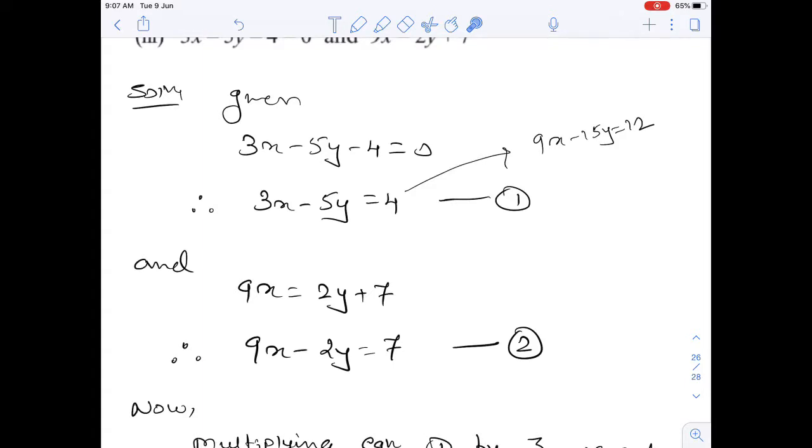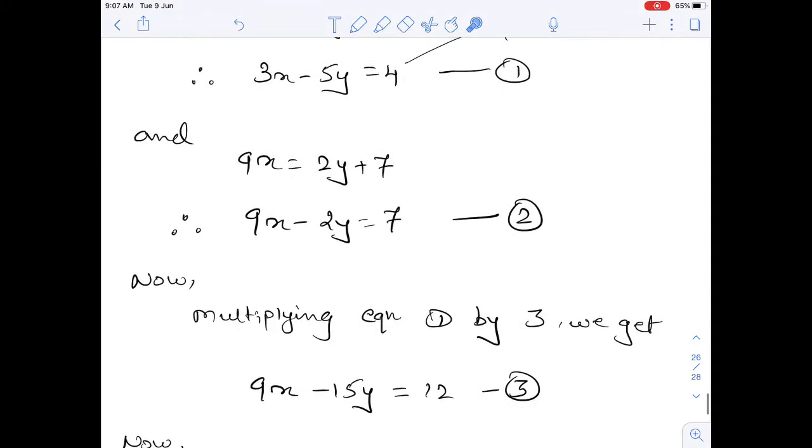First I have written here, multiplying equation 1 by 3 we get 9x minus 15y equals 12. Now we are not going to deal with equation number 1. We will deal with only equation number 2 and equation number 3. Here it is 9x, here also it is 9x. So you will subtract.